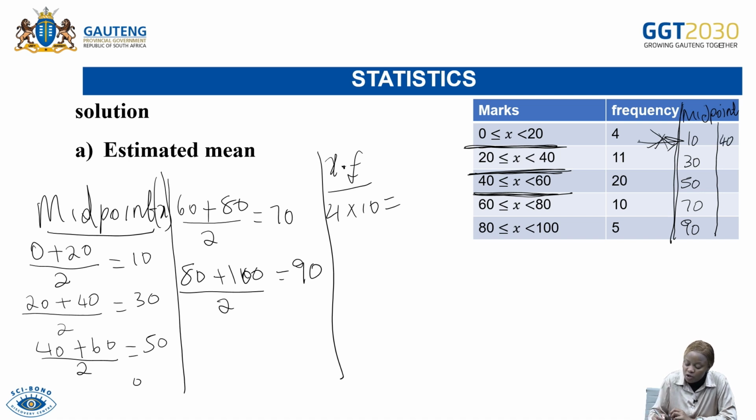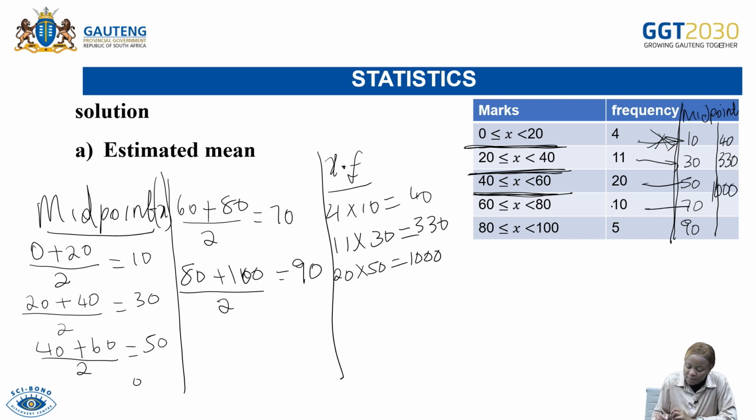And then again, you multiply the 11 and the 30. 11 times 30, I am going to get 330. Then you multiply the 20 and the 50, and you'll get 1,000.